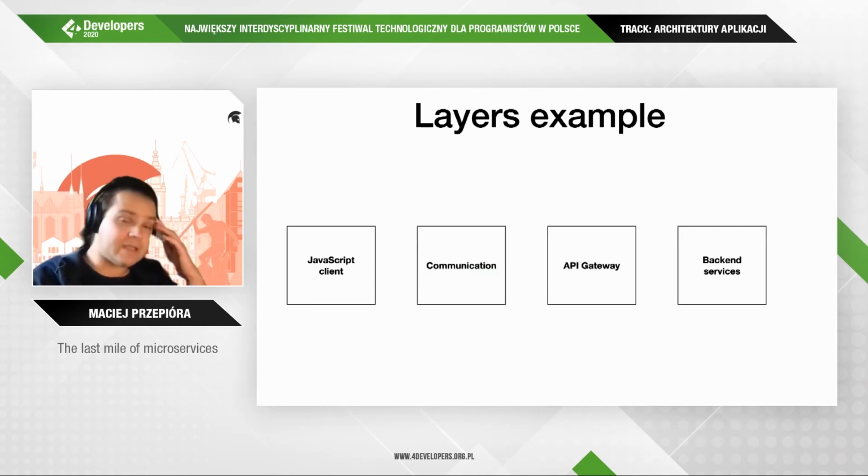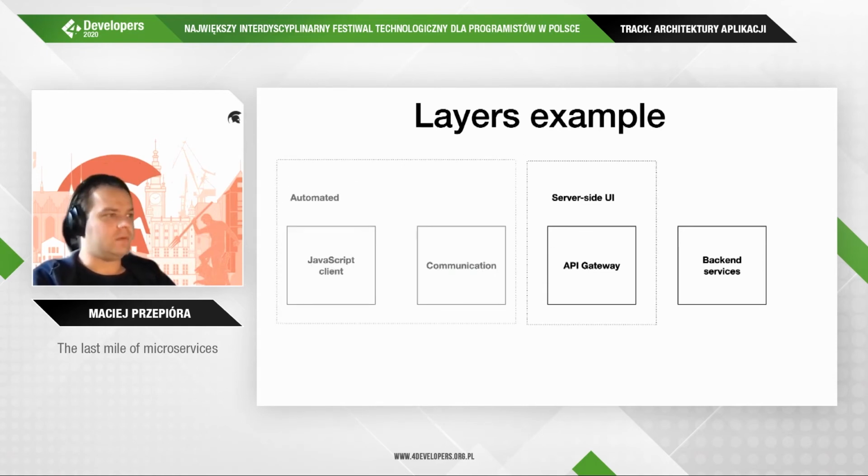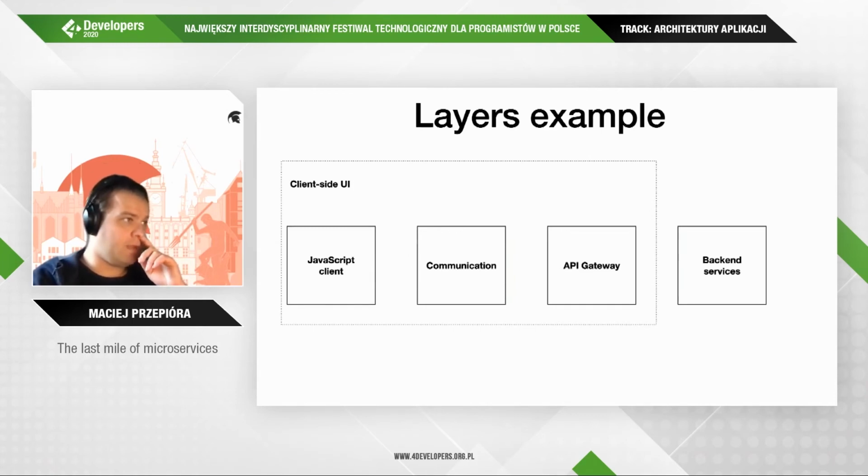So let's take a look at the typical layers of a web application. We have a JavaScript client. There is a communication layer, which is basically AJAX communication. We have an API gateway, and then that API gateway forwards requests from the client-side UI to backend services.